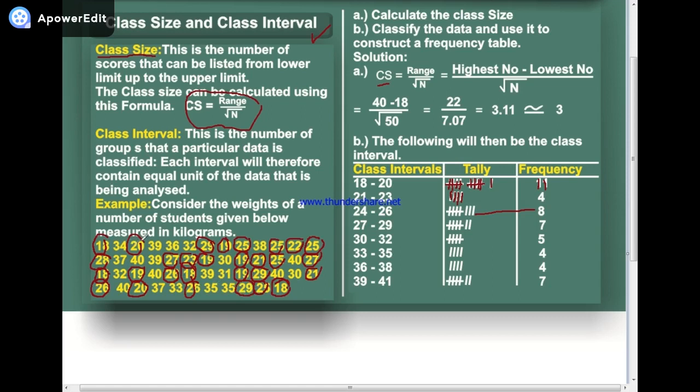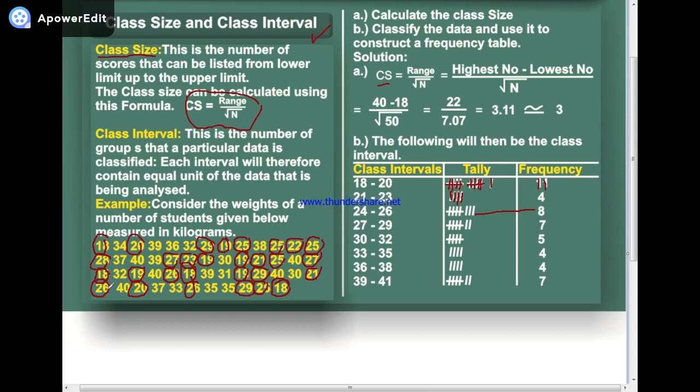So we have 27 to 29. We have 29, 1. What else again? 28, 2. 27, 3. 27 again 4. 29, 5. 26, 6.